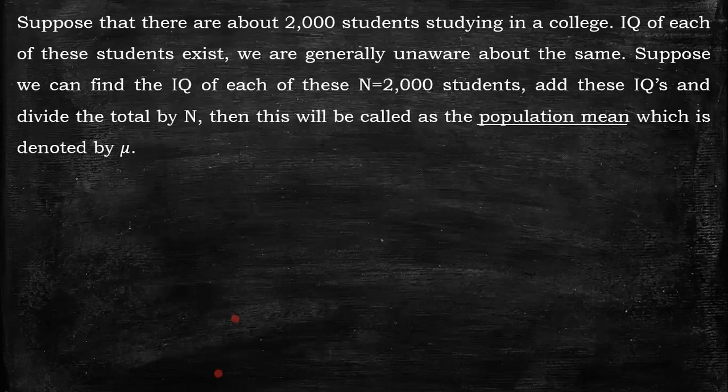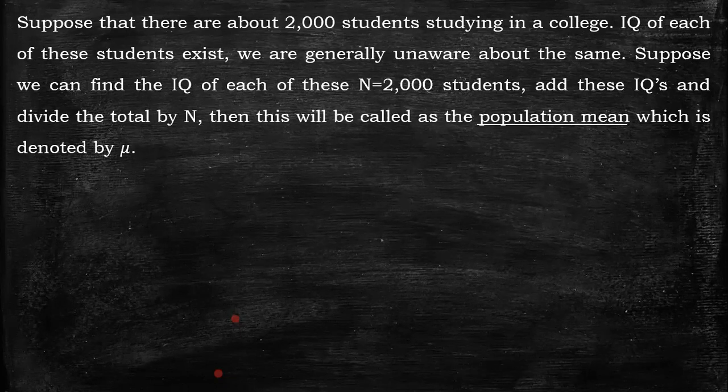So here, for example, the students studying in a college, the IQ of these students exists. We are generally unaware of it. Yes, that exists. The population mean, population variance, these parameter quantities always exist, but we are generally unaware of them.